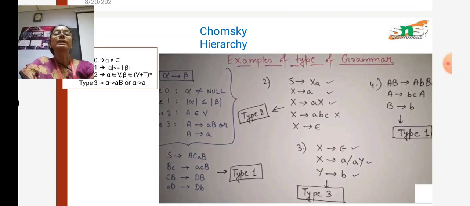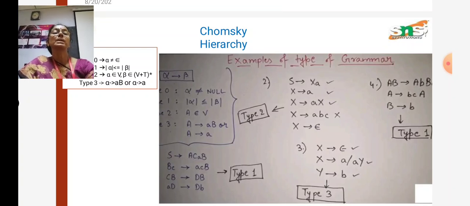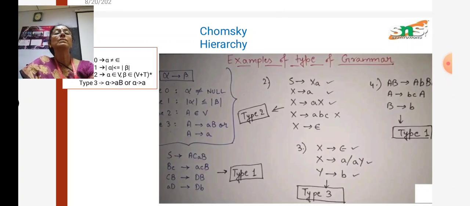In type 2 and type 3, the left hand side should contain only one non-terminal. In all the productions the left hand side contains a single non-terminal, so it is either type 2 or type 3. Again we have to identify which type. On the right hand side, in the first production, capital X followed by small a is type 3.